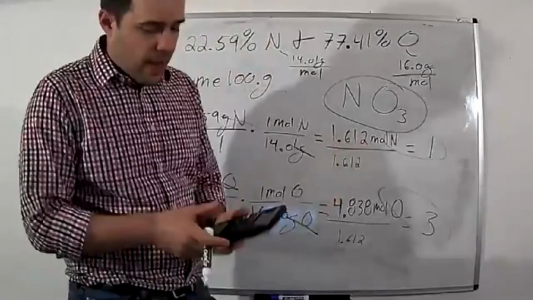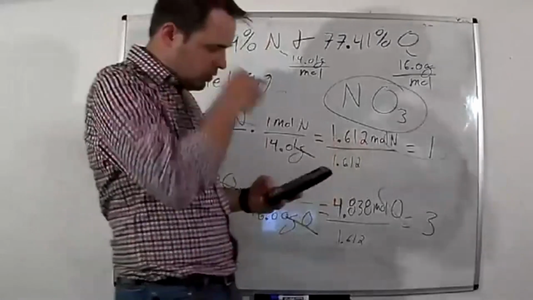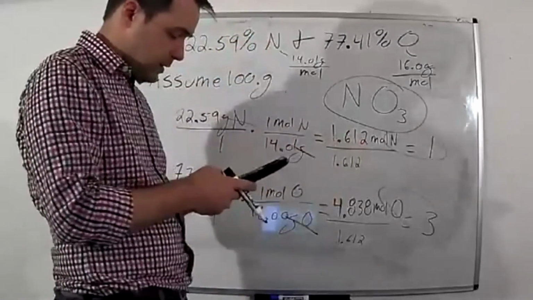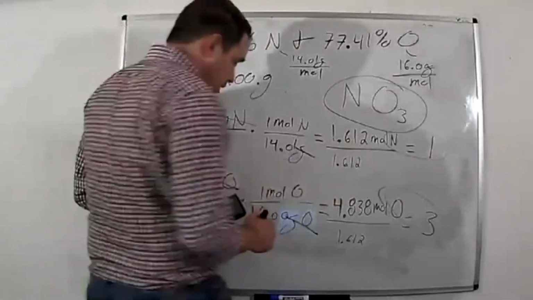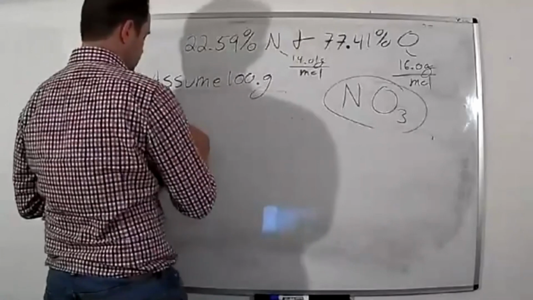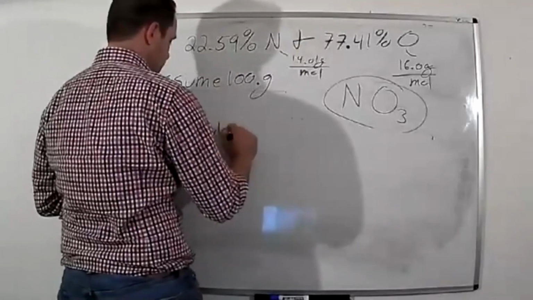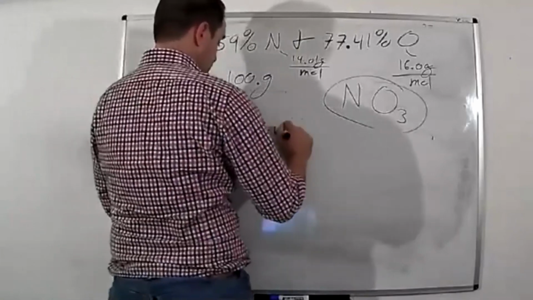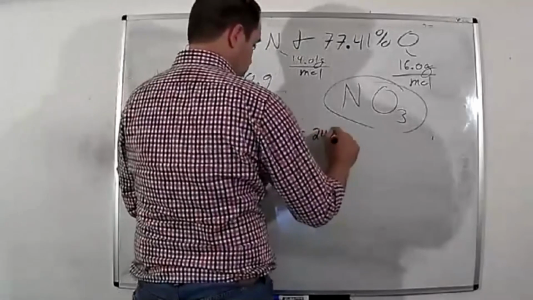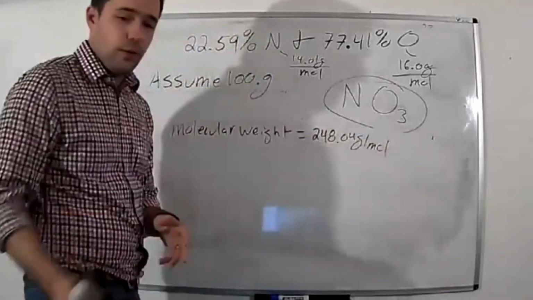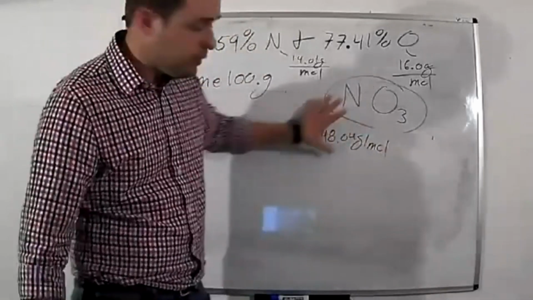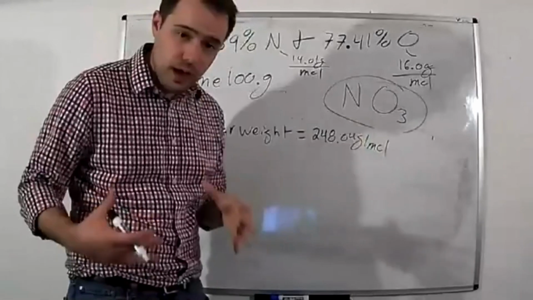You could get the mass, and let's say, for example, that it comes back that the molecular weight of the compound is 248.04 grams per mole.